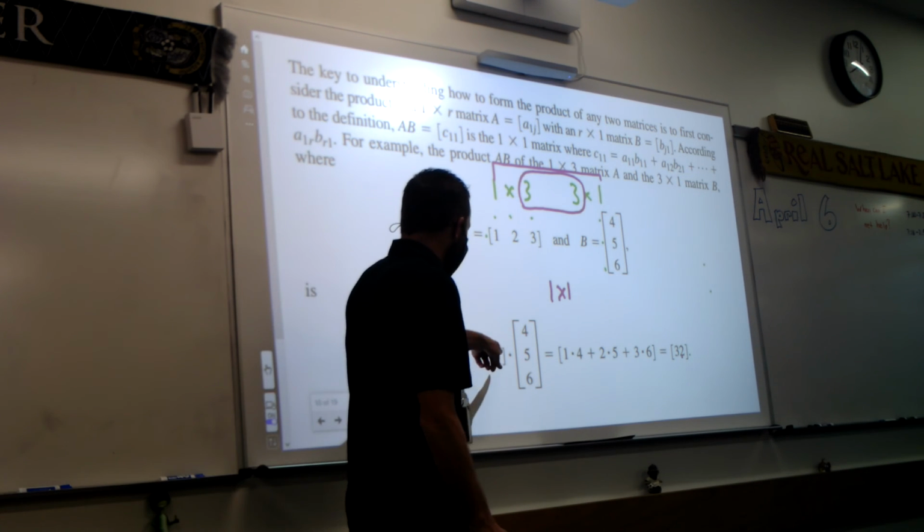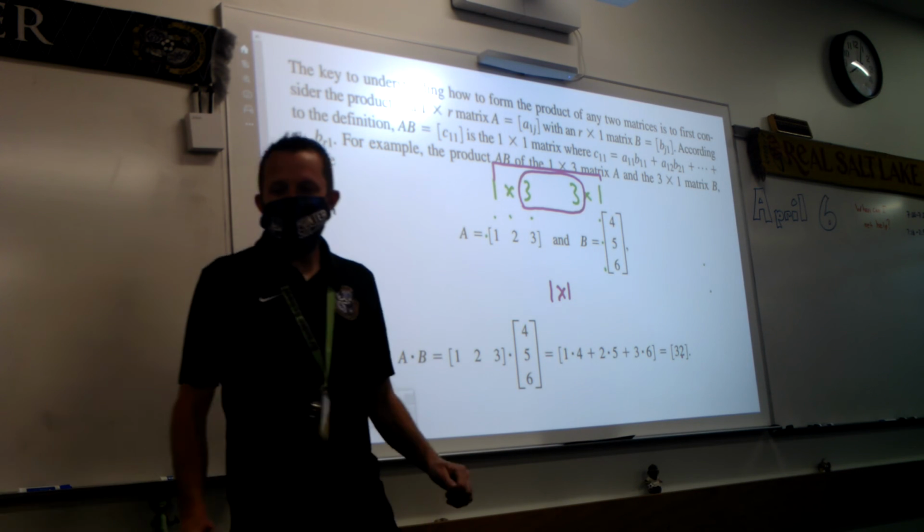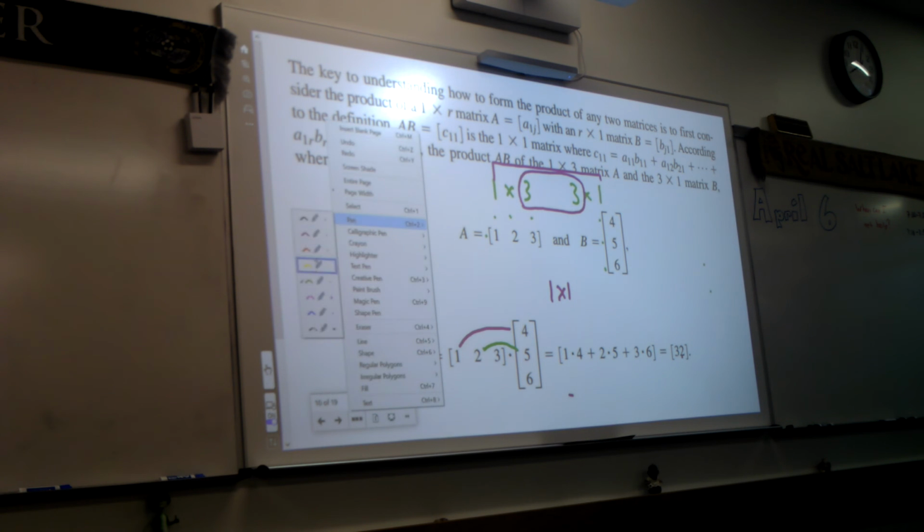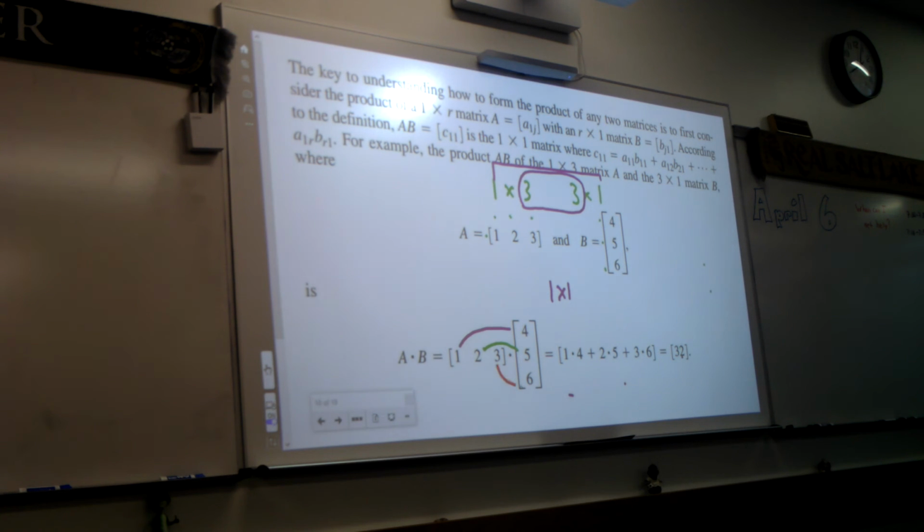So here's our 1 by 3 multiplied with a 3 by 1. What's going to happen is we're going to take the 1 and multiply it with the 4. Then we're going to take the 2 and multiply it with the 5. Then we're going to take the 3 and multiply it with the 6. So you can kind of see that down here.